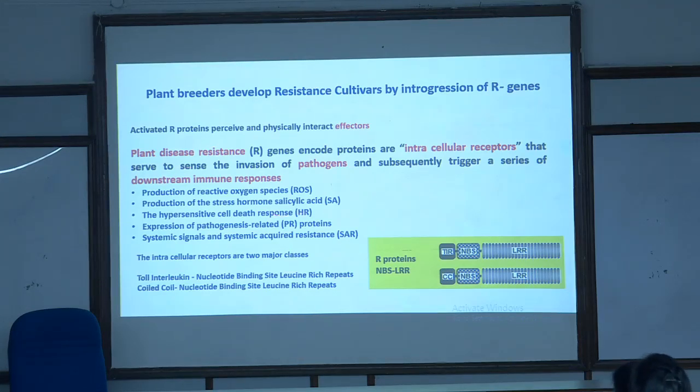So what's happening here? The intracellular receptors serve to sense the invasion of the pathogen and subsequently trigger a series of downstream immune responses. I was talking about the same thing in PTI. When PRR interacts with the PAMPs, the plant opens up a completely different signaling pathway to stop the microbe from entering the plant site, right? Same thing happens here.